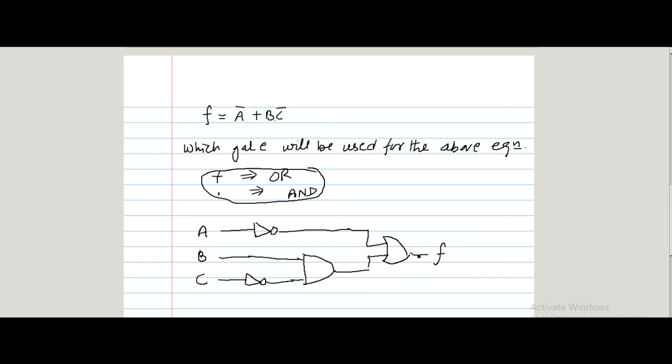Here we have B, and C will be complemented because of this inverter, and it will evaluate as B dot C complement. Then these two go into the OR gate, so the output will be A complement plus B C complement.